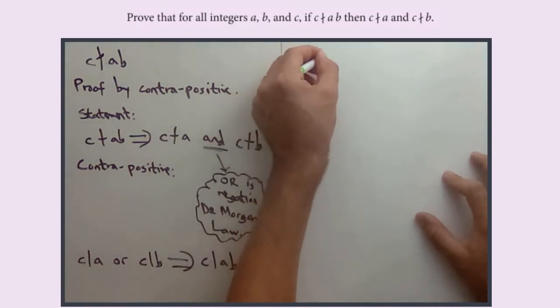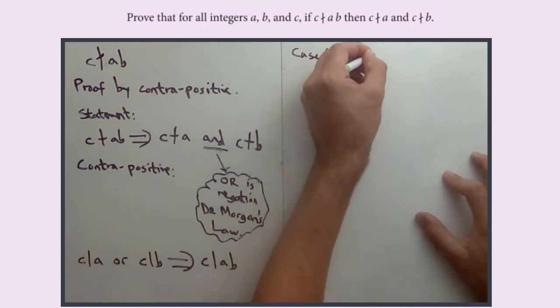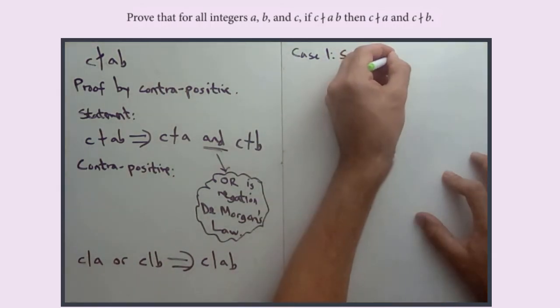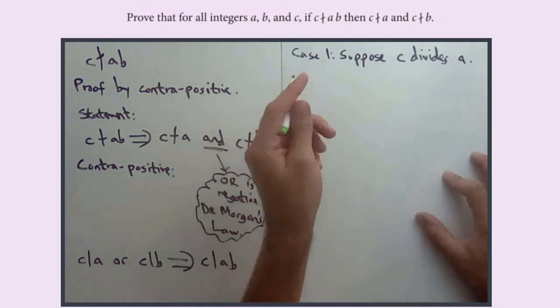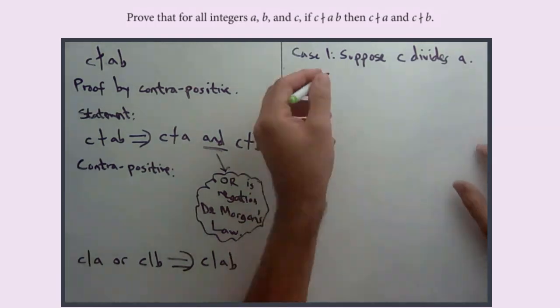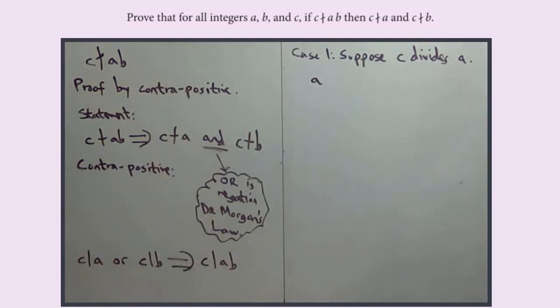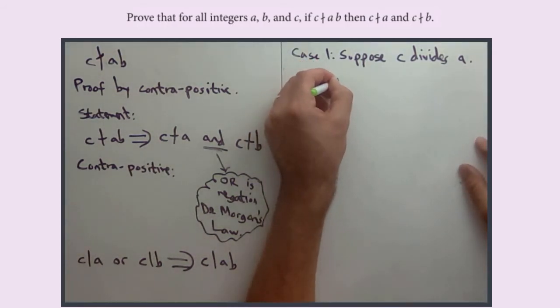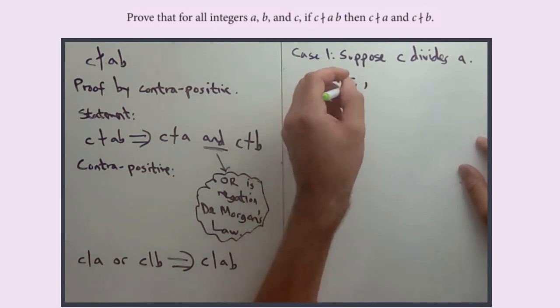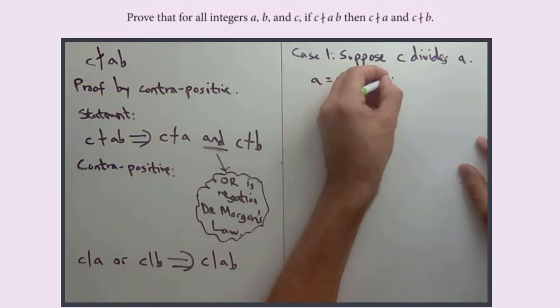So case one, suppose C divides A. That means A equals some constant times C. Now you could use a K, but as we're going to use this again, I wouldn't know what to use after K. When you have to use two things with different letters, maybe a P and a Q, or an M and an N, we'll use an M and an N. So A equals M times C, where M is an integer.